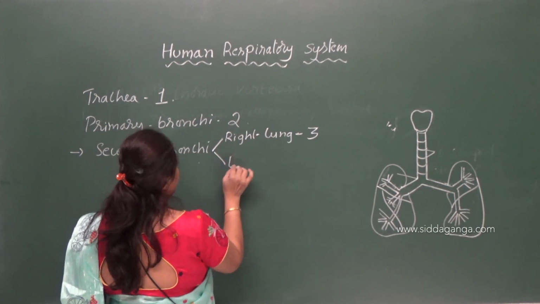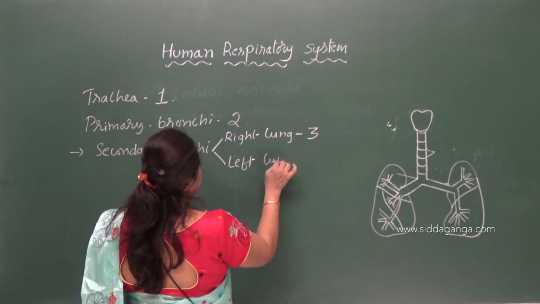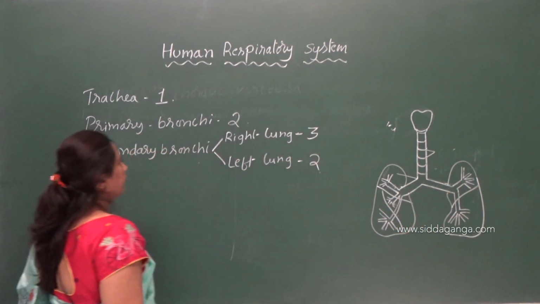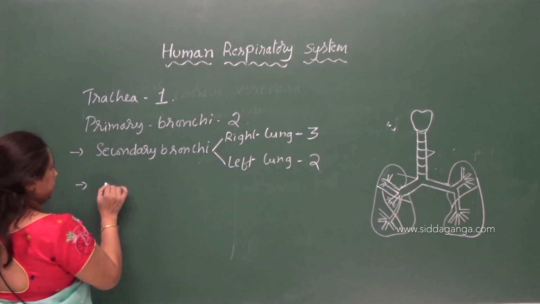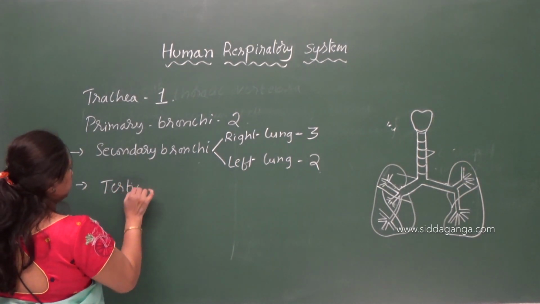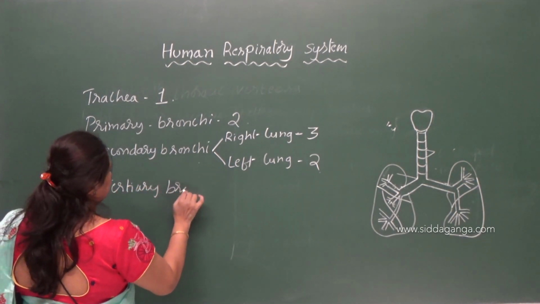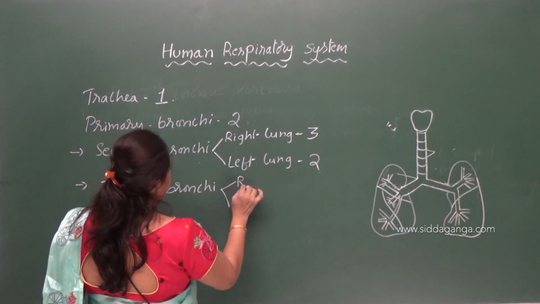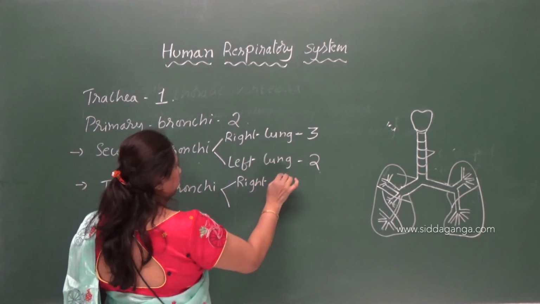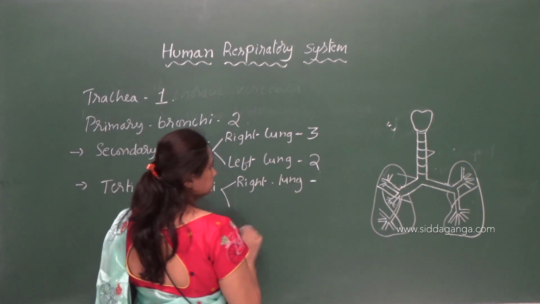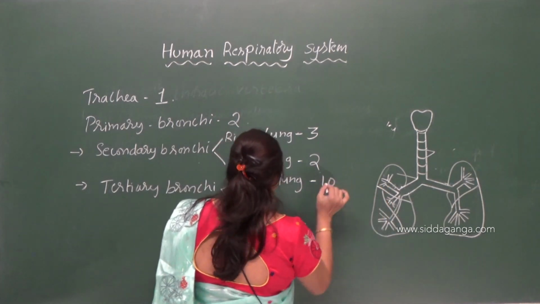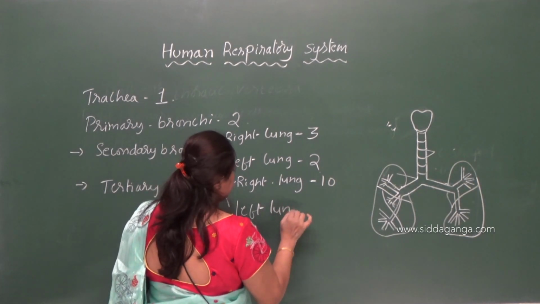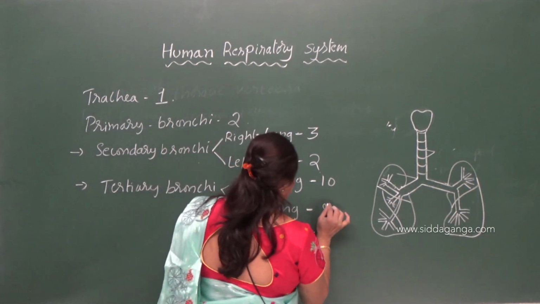The number of secondary bronchi in the left lung, how many? 1, 2. Now, tertiary bronchi: the number of tertiary bronchi in the right lung is 10, and the number of tertiary bronchi in the left lung is 8.